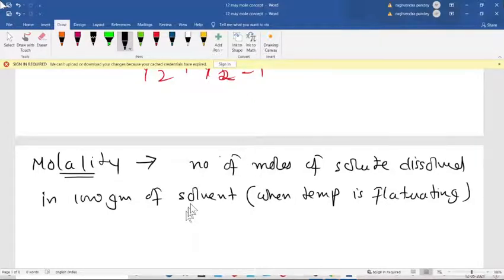When we increase the temperature, the volume of a gas or any liquid increases. When we decrease the temperature, the volume decreases. I should write it clearly, it's not visible.